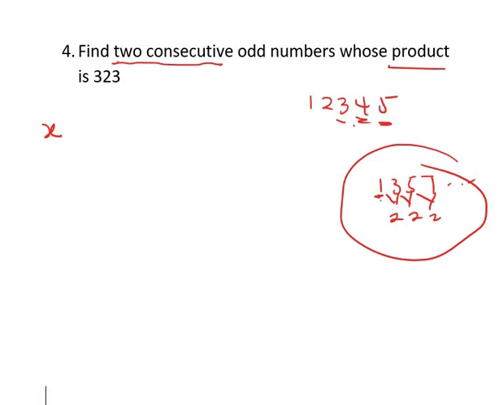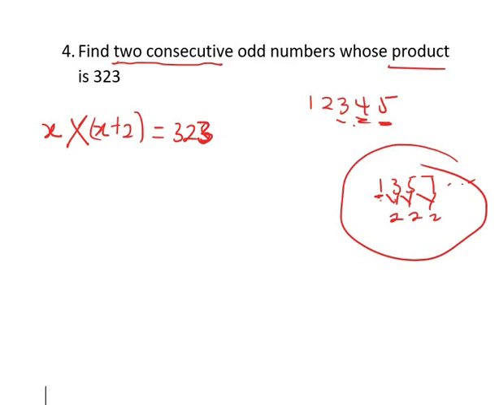The next number after 3 is 5, 2 added to the 3 to get 5. You get it? So if two consecutive odd numbers, and the first one is x, then the second one automatically will be x plus 2. And that will give us 323.